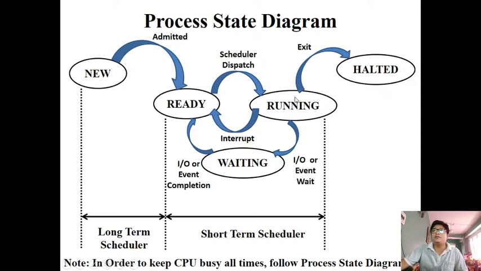Now, after execution, if all the instructions are executed, the process will be shifted to the halted state. If it requires IO activity, it will be shifted to the waiting state, and so on, as I have told you already.